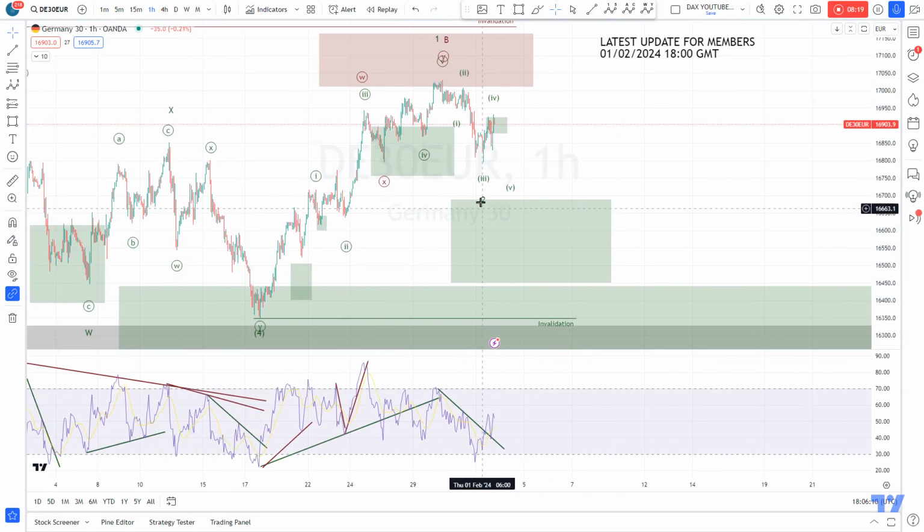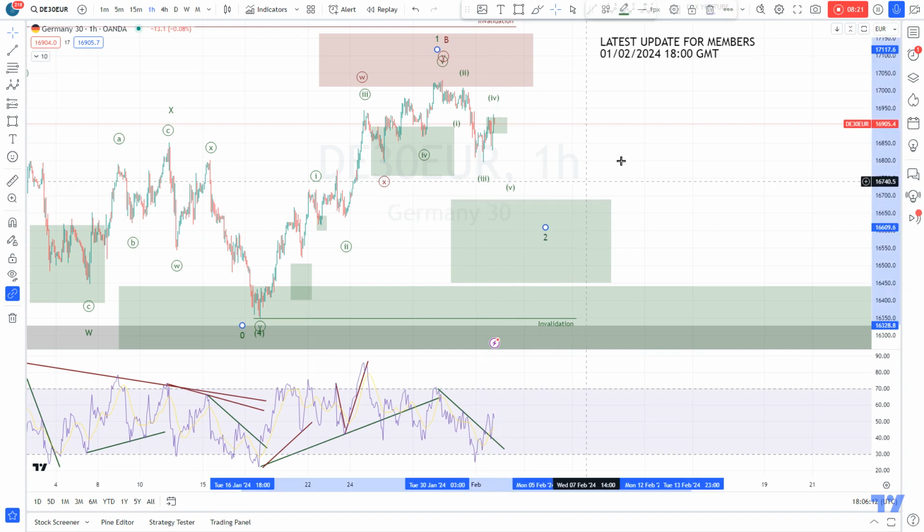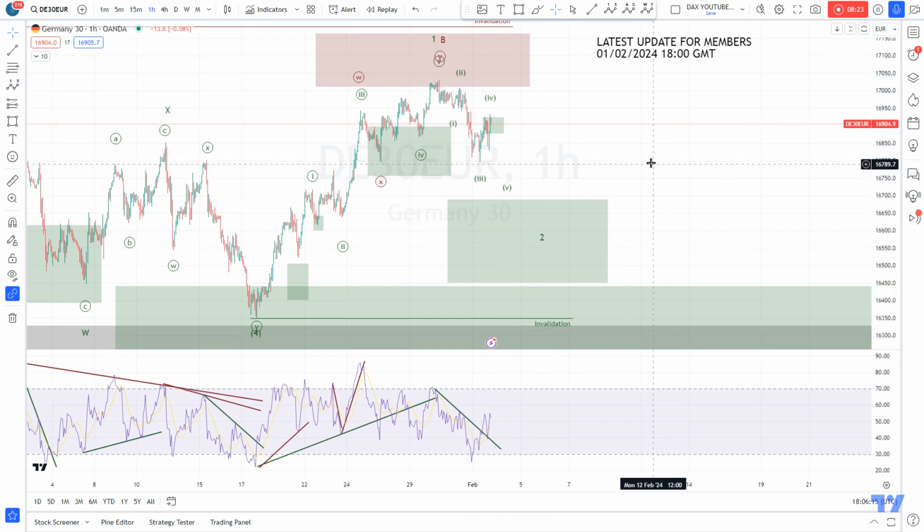But for now, I prefer to stick to the guidelines, and so therefore we would expect, if we have a wave 2, that the wave 2 goes into this area by doing an ABC correction or by doing a WXY correction. That's also a possibility.